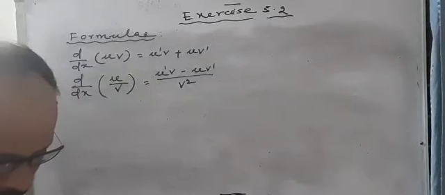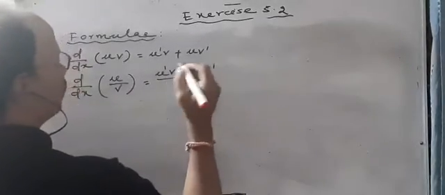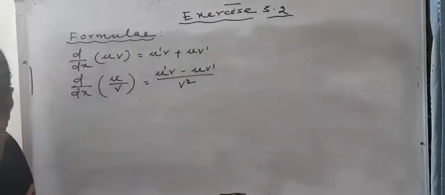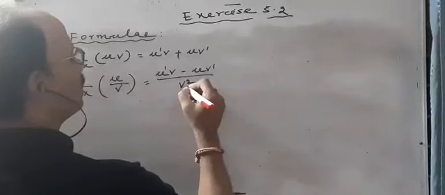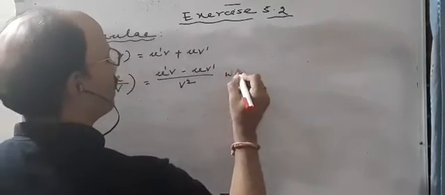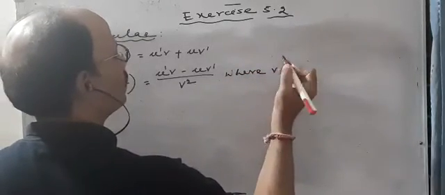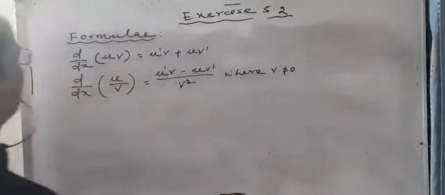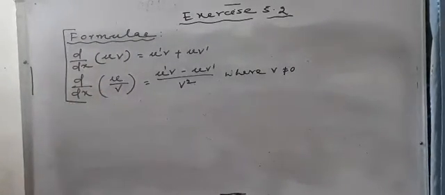We must know these to solve question number 5 and 6, and here v is in the denominator, so v should not be equal to 0. So these two formulas we must know to solve question number 5 and 6.